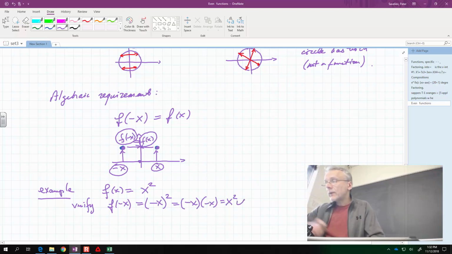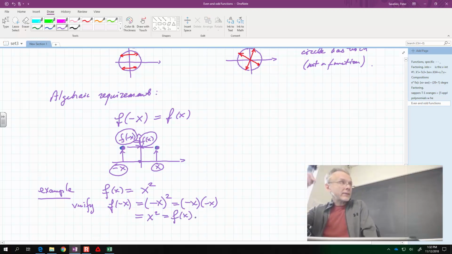So it confirms. x squared is equal to f of x. So we start with f of negative x, use our specific formula, and we end up with the same formula as in the beginning, because negative x disappears under the square.